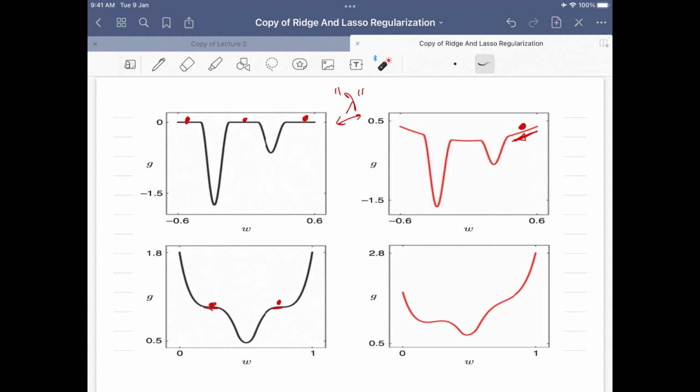So lambda is trying to change the curve and make it a bit more sloped, and because of that your points can fall into the local minima. Earlier it was not possible. So lambda is helping you in doing this. This is another way of explaining how lambda is helping you in improving the results.